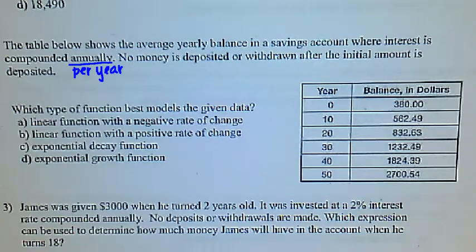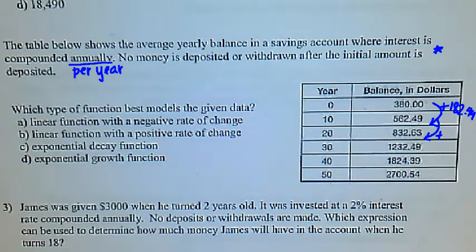All right, so let's see. The first thing we're going to do, we know that this is going to be exponential just because these types of questions are exponential. Also, if you look, to get from one to the next, just to rule out linear, it would be $182.49 to get to that one, if I'm adding.